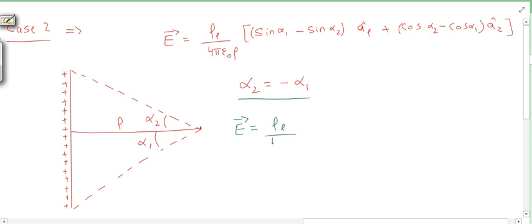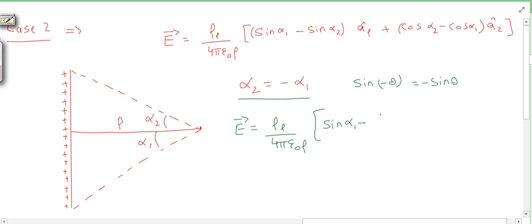the field becomes rho L by 4 pi epsilon naught rho, sin alpha 1, I can write sin alpha 1 as it is, minus sin alpha 2. Alpha 2 is nothing but minus of alpha 1, and you know that sine of minus theta becomes minus sin theta.